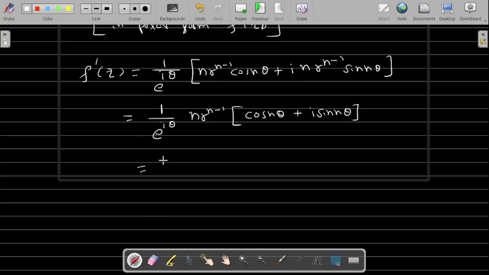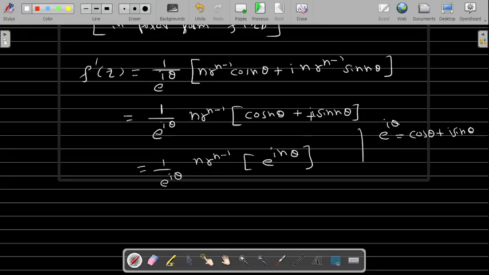Now, e power i theta is cos theta plus i sin theta, so theta means theta, and cos n theta plus i sin n theta is nothing but e power i n theta.